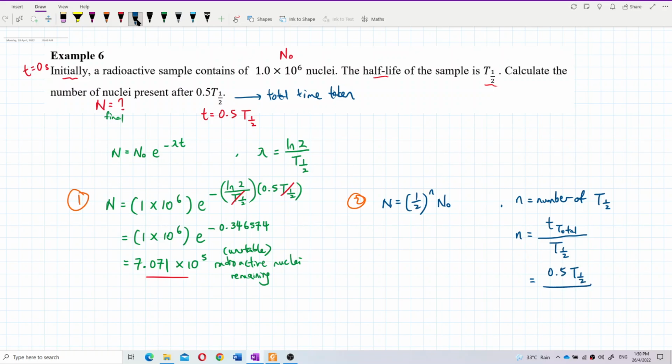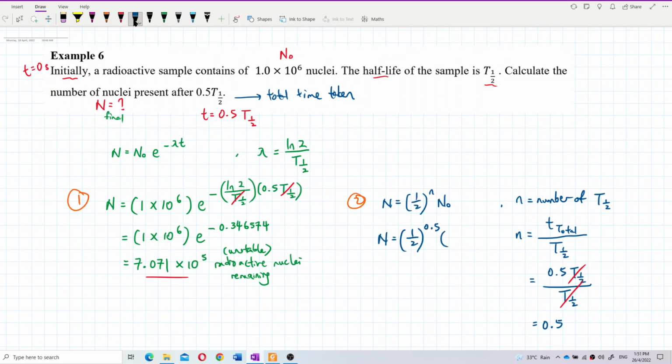Divide by half-life, so it is half, that is 0.5. So you put the power of 0.5, and N equals half to the power of 0.5.